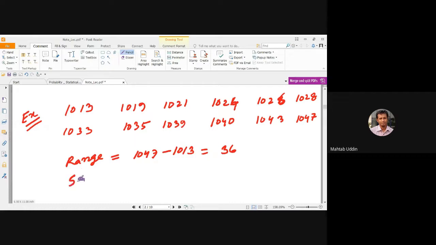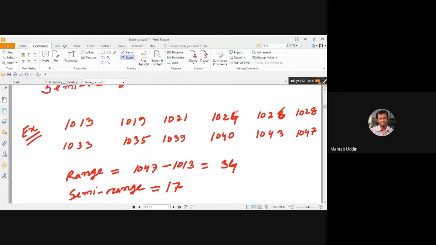So what is the semi-range? Range divided by 2, that is 17.